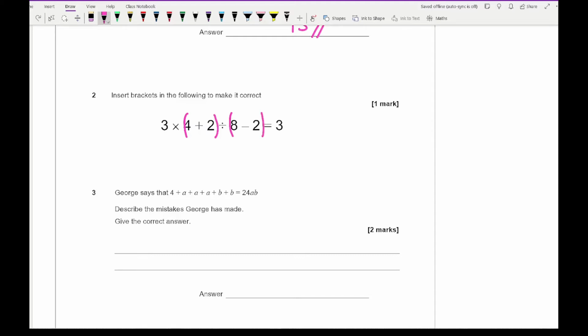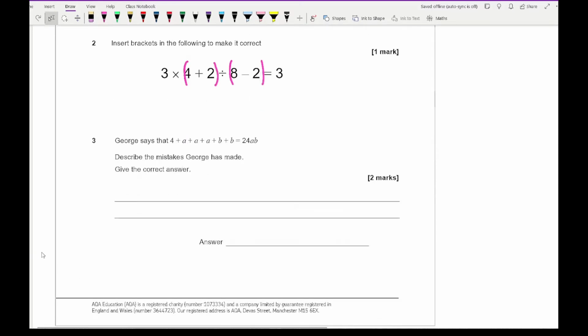It then says for question 3 that George says that 4 plus a plus a plus a plus a plus b plus b equals 24ab. Describe the mistake George has made. Give the correct answer. So what he has done is multiplied everything together in some cases, or basically just joined up the numbers and the letters.